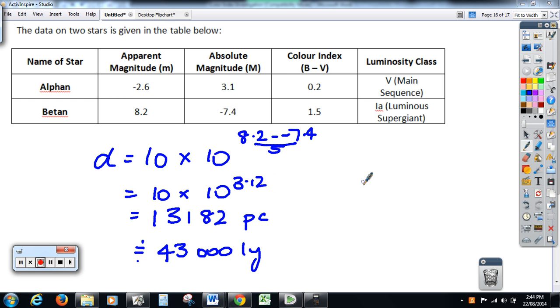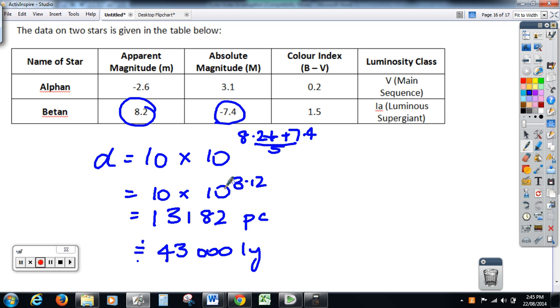Using these numbers here, we've got a negative absolute magnitude, which means this star Beten is a very bright star. And we also have the apparent magnitude here. So the index is 8.2 minus negative 7.4, so these two actually add together. Dividing it by 5, you get an index of 3.12.